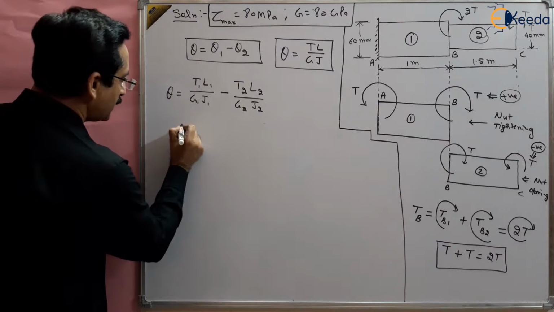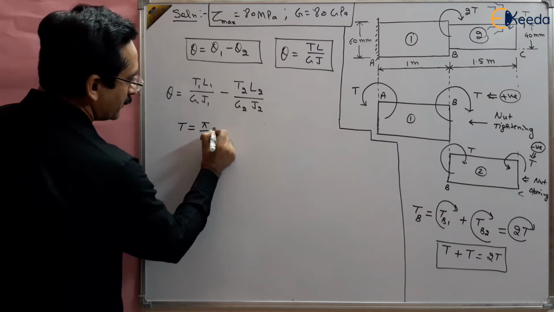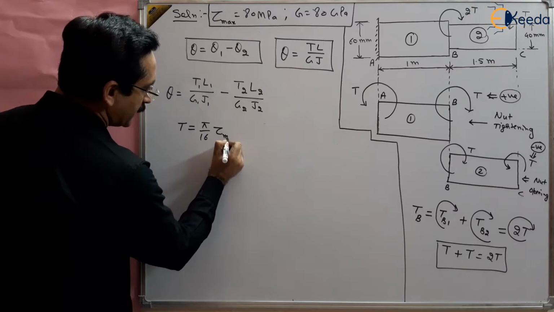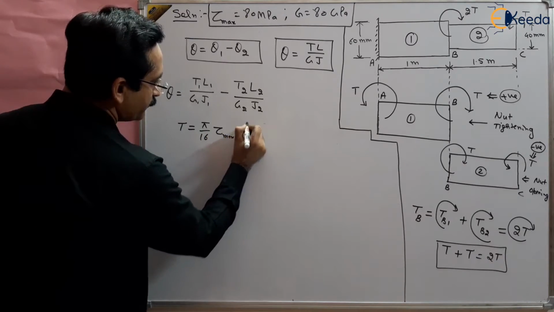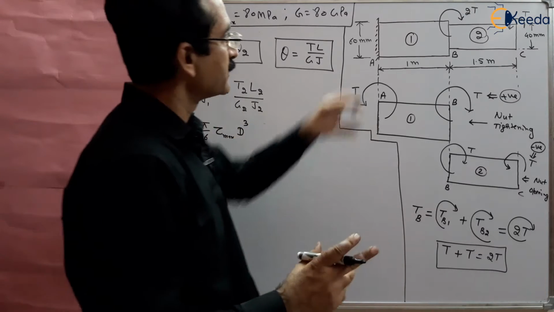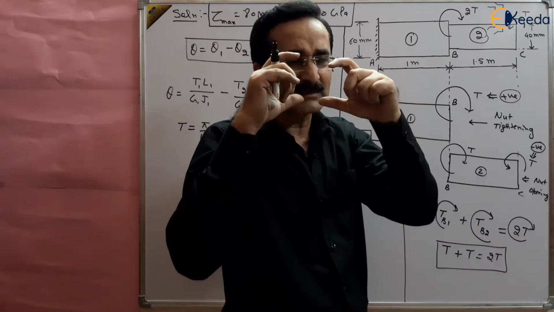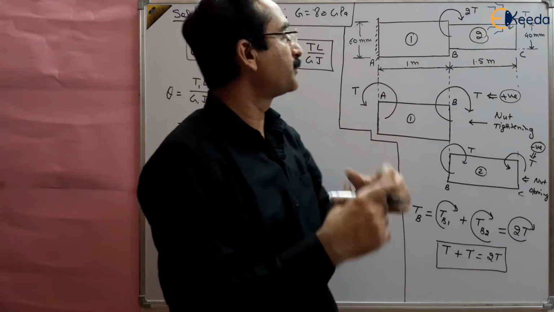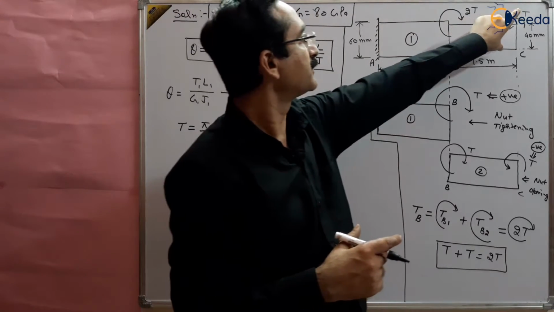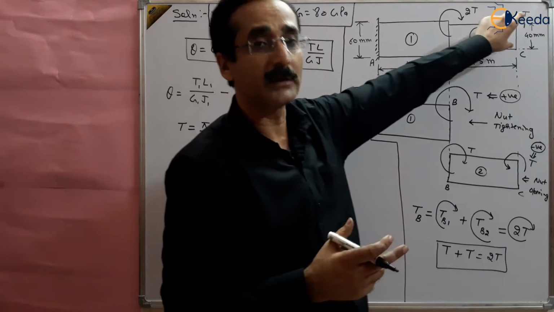That T will be equal to pi by 16 tau max d cube. Which d? Here we have two types of section. One is bigger section and another is thinner section, and the chances of stress to take place maximum value is at thinner section, because thinner section may fail first because it has less material.